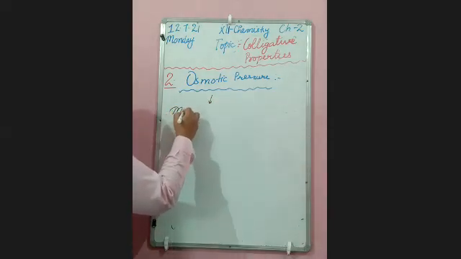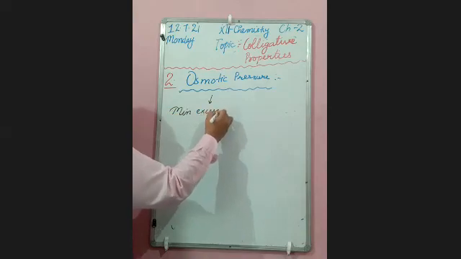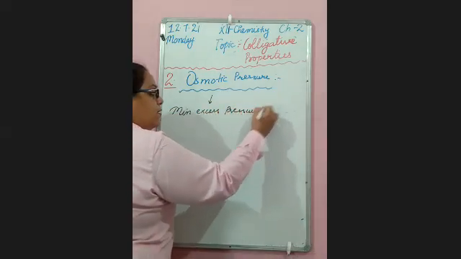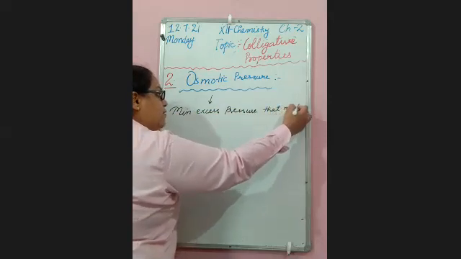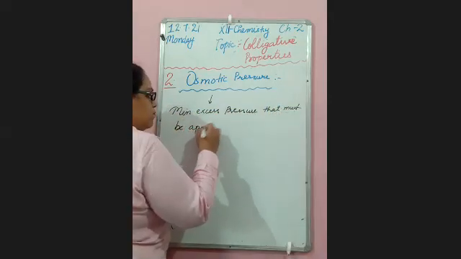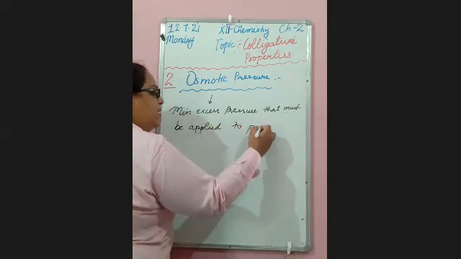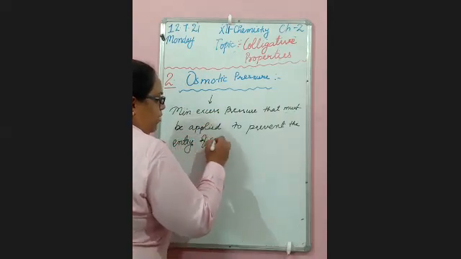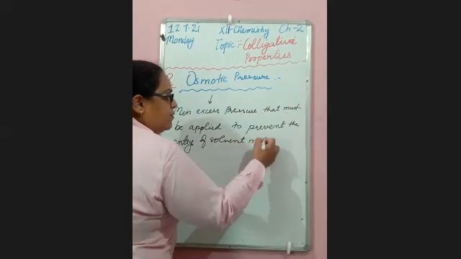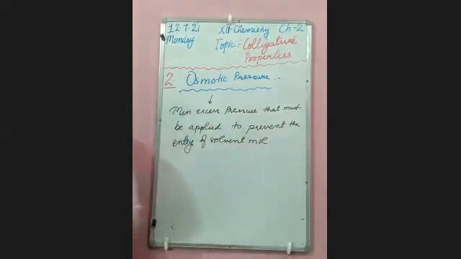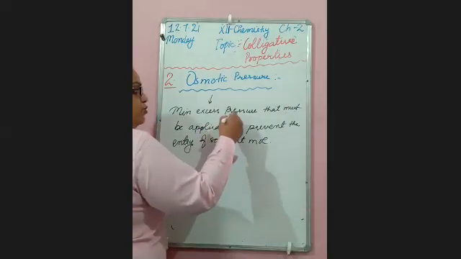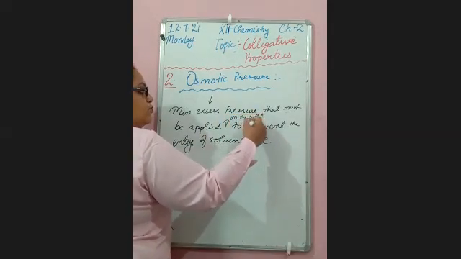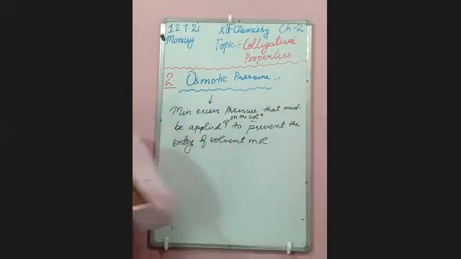The minimum excess pressure that must be applied to prevent the entry of solvent molecules through a semi-permeable membrane. Okay? Where we have to apply it, on this solution, so that the solvent molecules will not move. Fine.